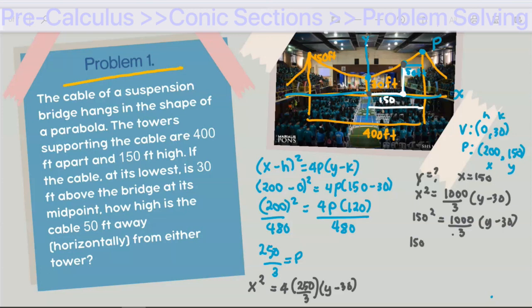So we have 150 squared multiplied by 3 over 1,000 equals y minus 30. Next, we transpose negative 30 to the other side. So we have 150 squared multiplied by 3 over 1,000, plus 30, equals y. Using your calculator, the value of y is 97.5. If the cable is 50 feet from the tower, then it must be 97.5 feet from the bridge.